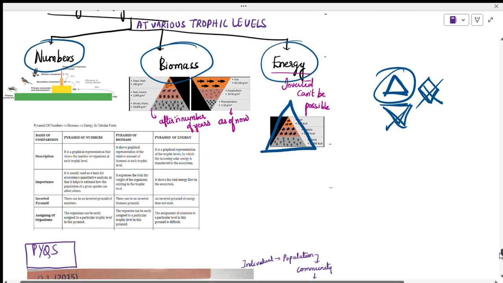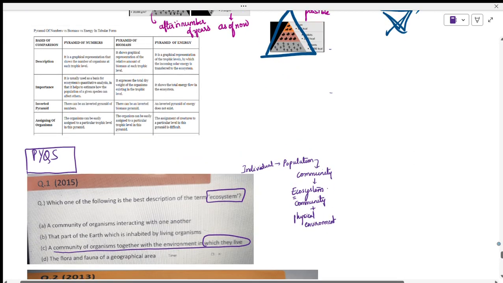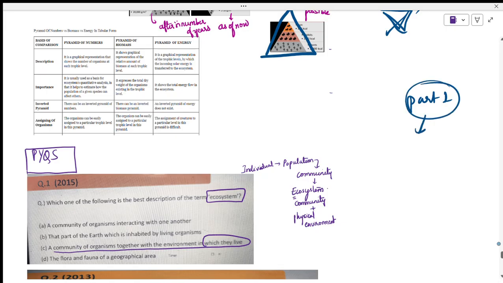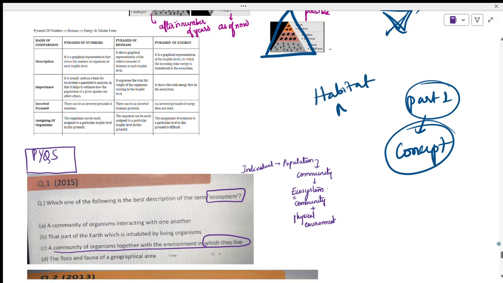Okay, so with this first part of basics is completed. I'll be uploading this thing. Just remember, concept is most important, and learn with your own example. I think I have given the best example for habitat, niche, ecosystem. Fine.